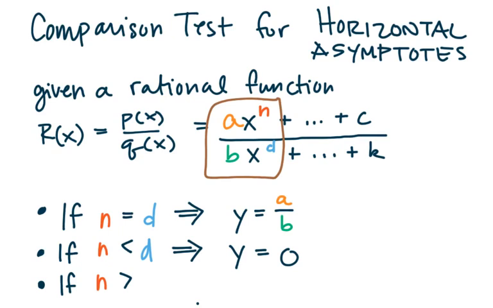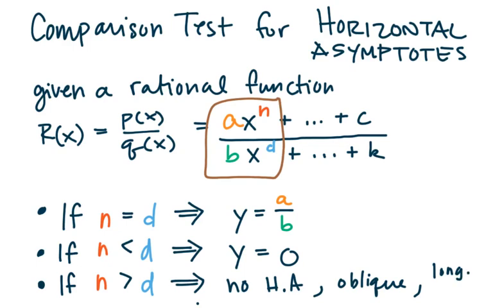If n is greater than d, there is no horizontal asymptote. It is oblique or slanted, and we find that using long division. Okay, so we're going to look at some horizontal asymptote examples here on the next page.